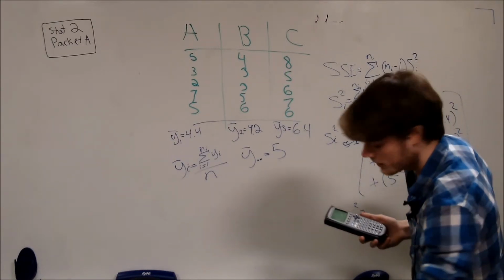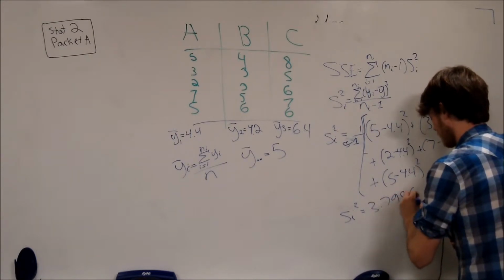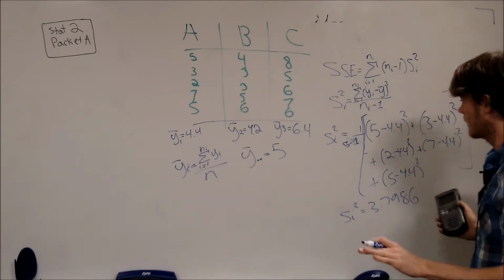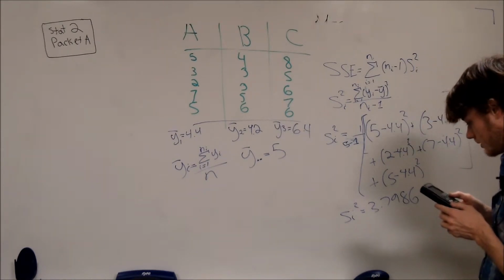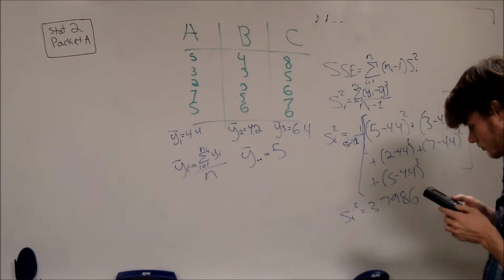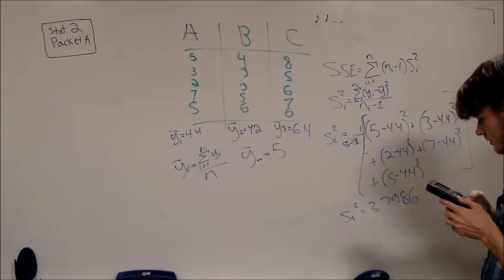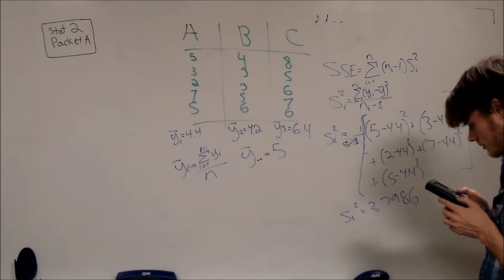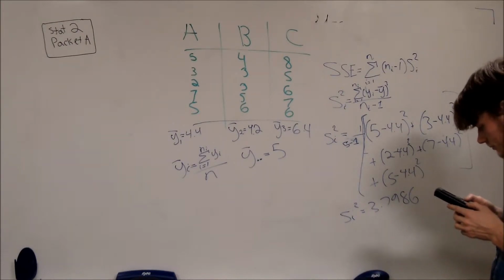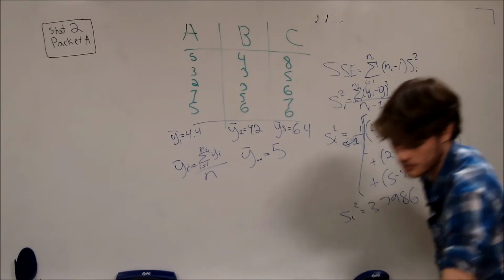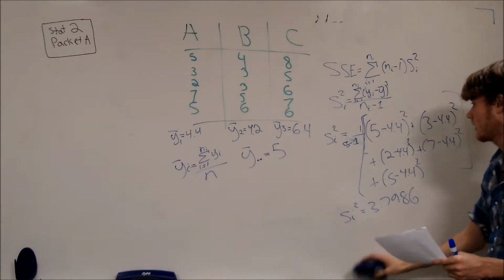You're going to end up with 3.7986, and this is what you want. So this is s_1 squared.